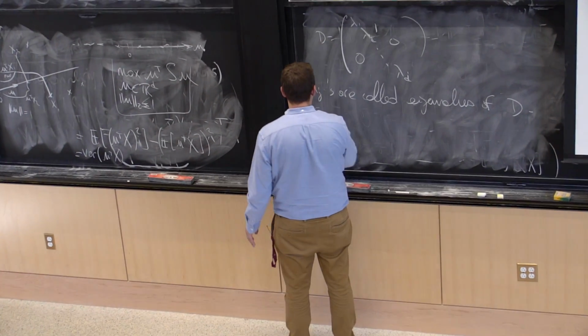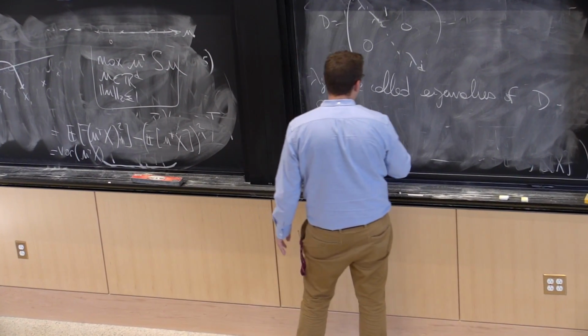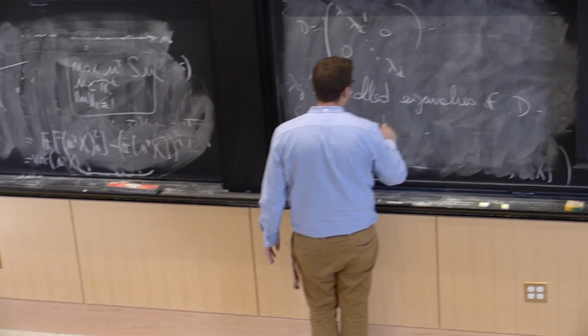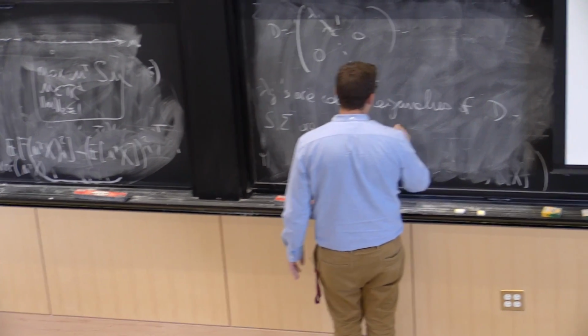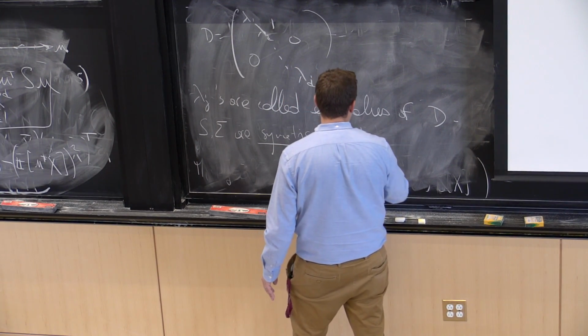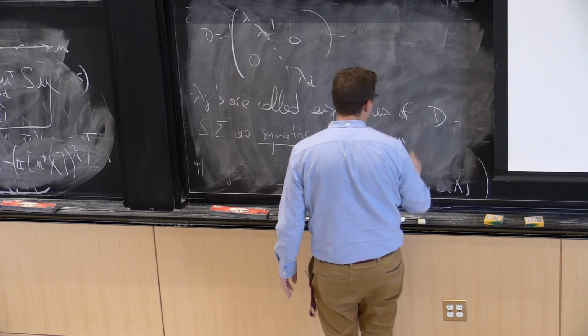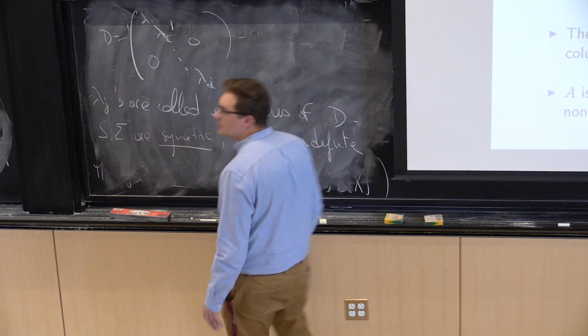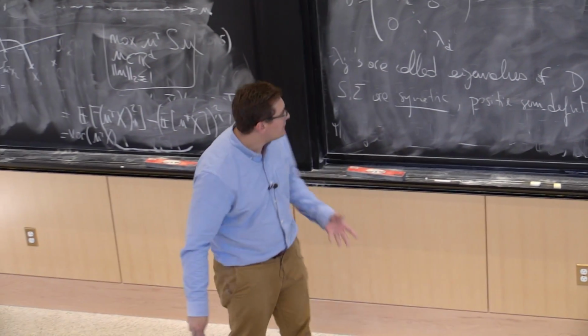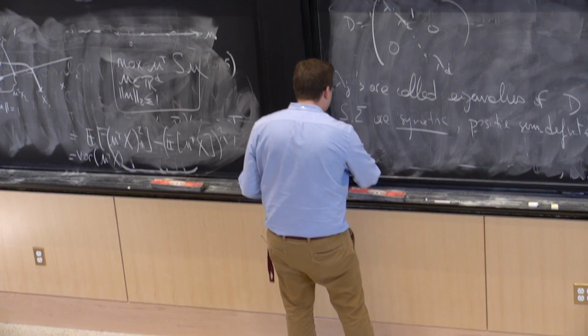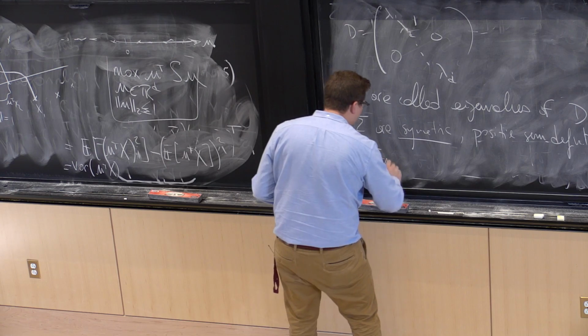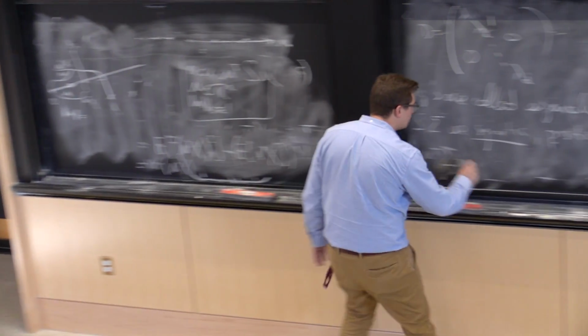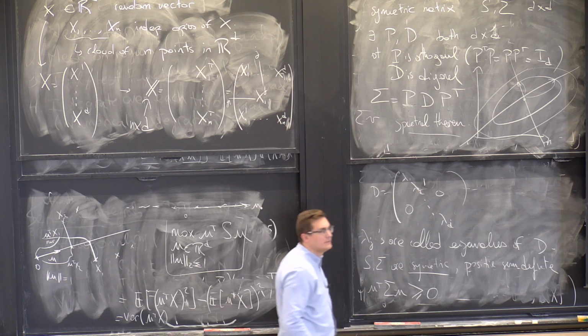But here, I know that sigma and S are symmetric for sure, but they're also positive semi-definite. What does it mean? It means that when I take u transpose sigma u, for example, this number is always non-negative. Why is this true?